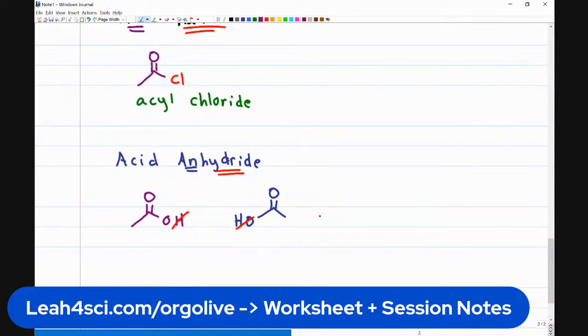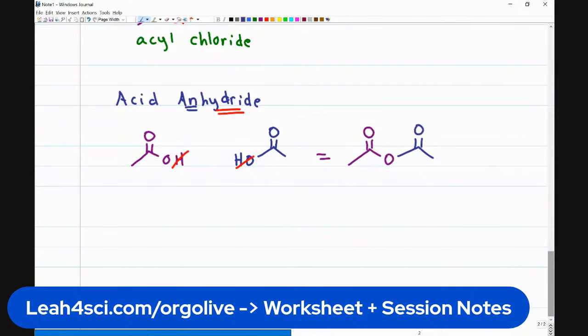What we're left with on the left is the carbonyl with an O. The H is missing. On the right, the O and the H both came off, and that is an acid anhydride. It just looks like two carboxylic acids were fused together.